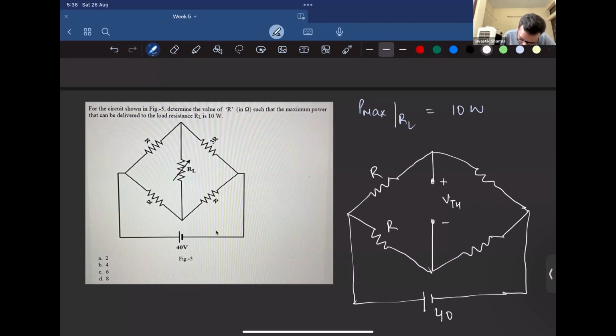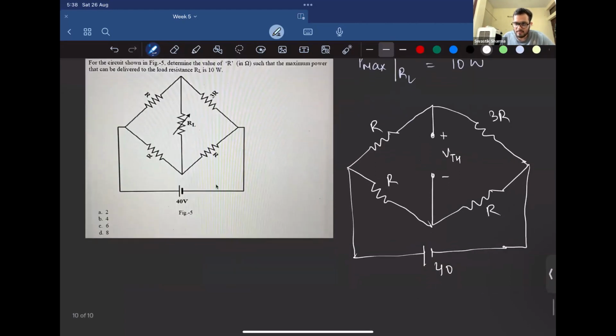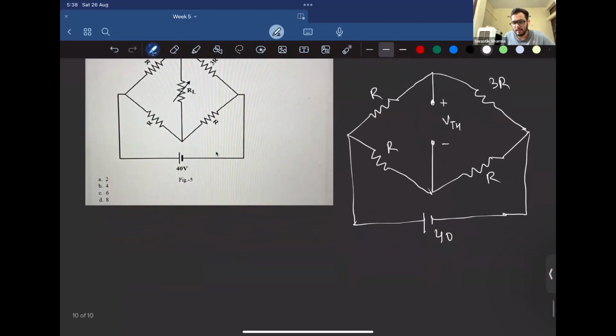Now we need to find the Thevenin voltage. Since the middle branch is opened, we need to find the open circuit voltage. The upper limb has resistors in series and the lower limb has resistors in series, and the upper limb and the lower limb are in parallel to each other. So we can easily find the current I. First we'll find the R equivalent.